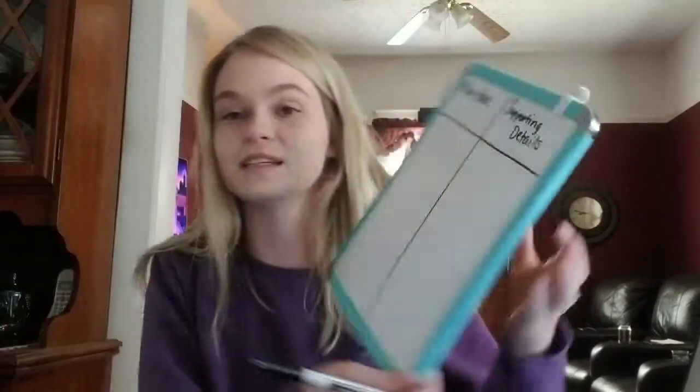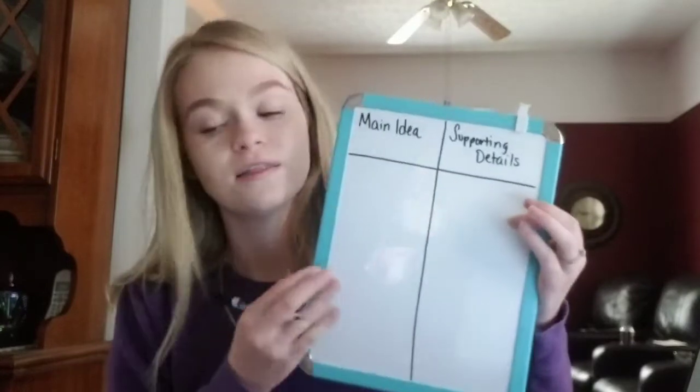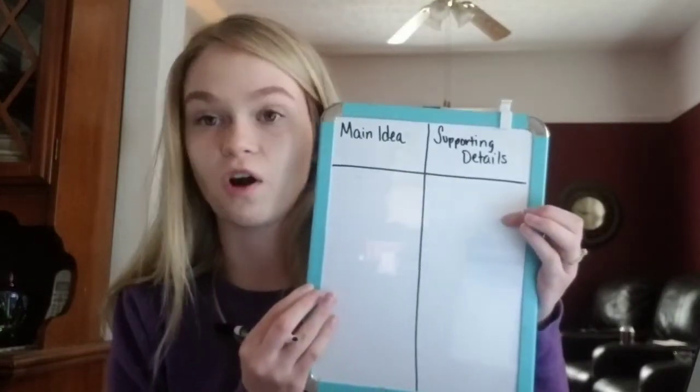If you said sometimes plunging to negative 125 degrees Fahrenheit, you are correct. So on the supporting detail side, this side, I want you to write, this region is even colder than the Arctic, sometimes plunging to negative 125.